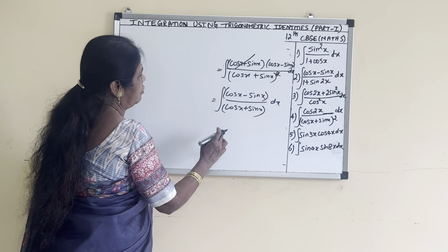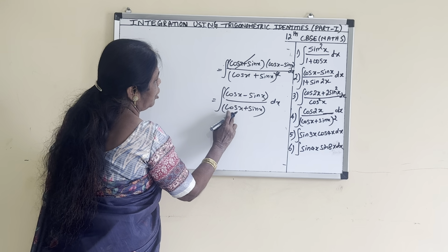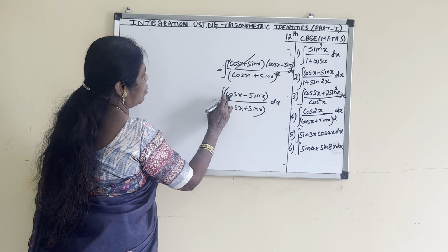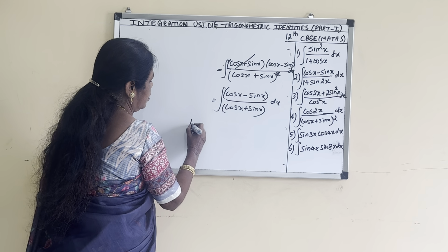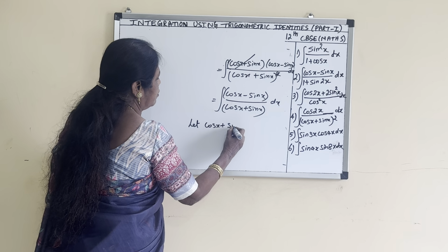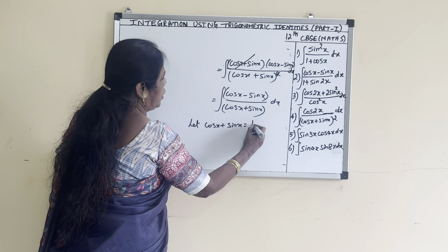Our assumption: differentiation of cos x is minus sin x, and differentiation of sin x is cos x. So let cos x plus sin x is equal to t.